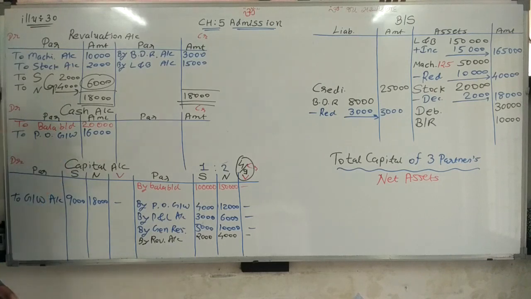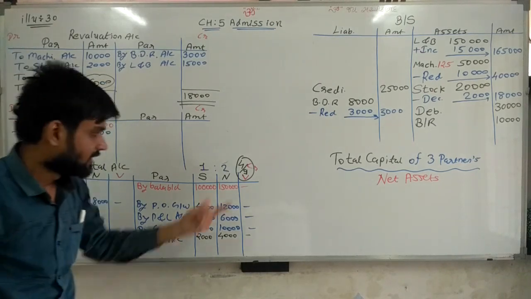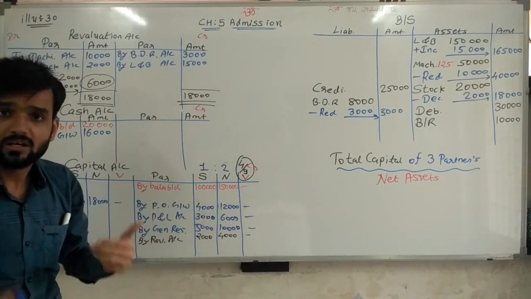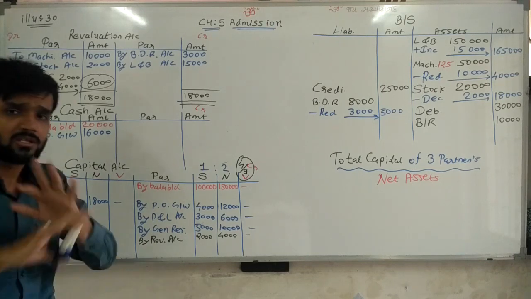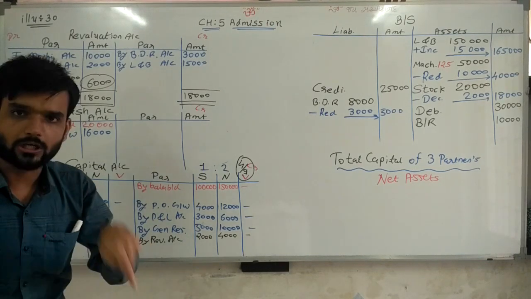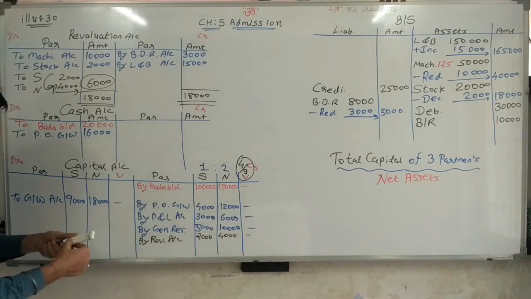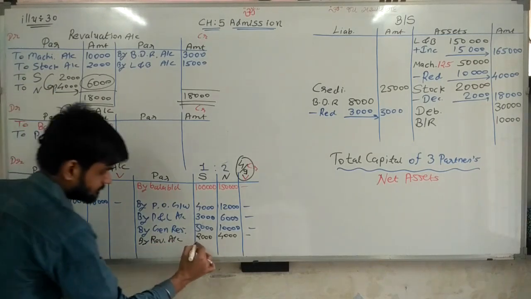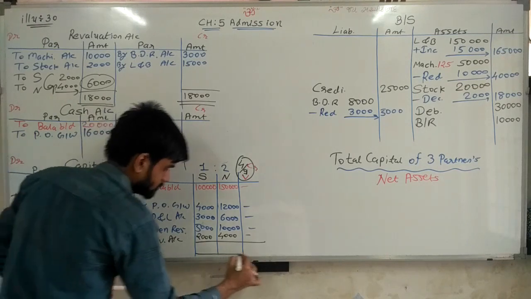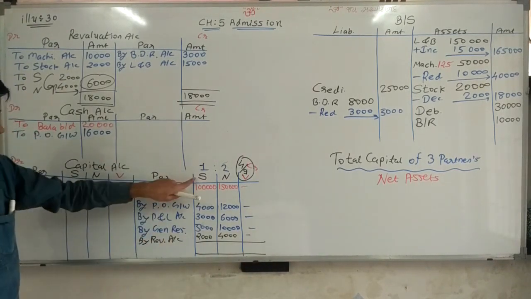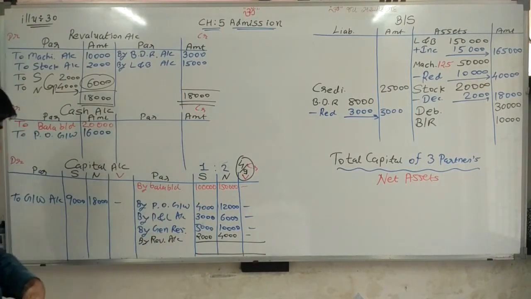Now we cannot close the cash account because we bring cash, and how many rupees we don't know. That we need to calculate first. And that's why, first of all, I am closing the capital account.